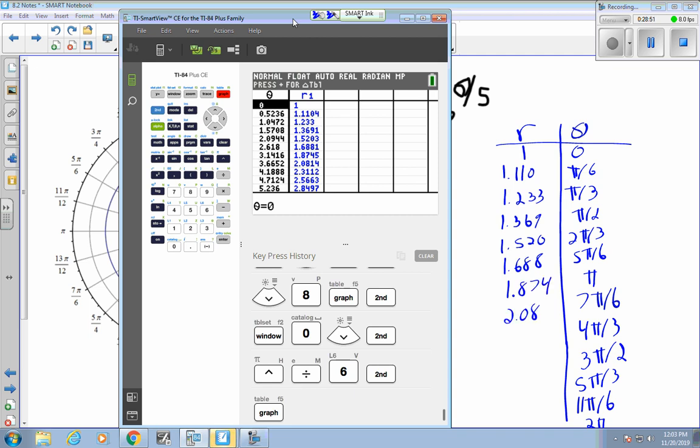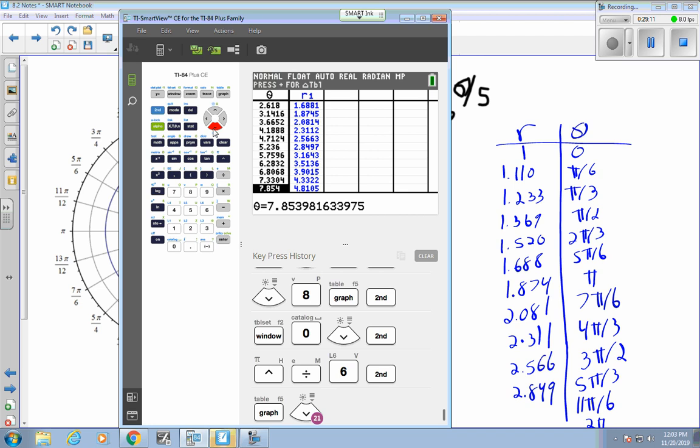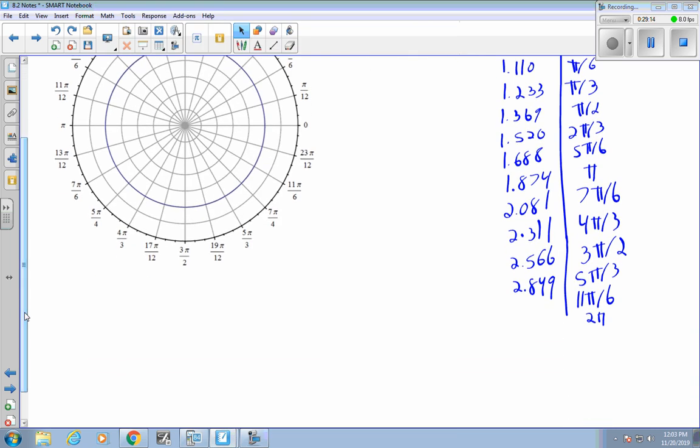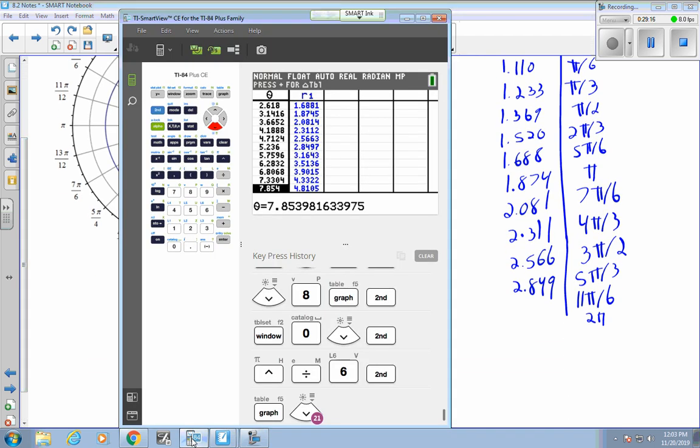So at least we're into the 2s now. 2.311 and 2.566, 2.849. Where do we leave off here? 3.16. And then 2 pi would finally be 3.513.